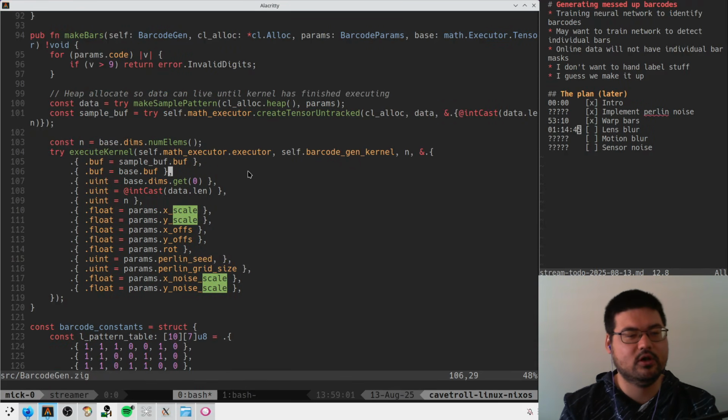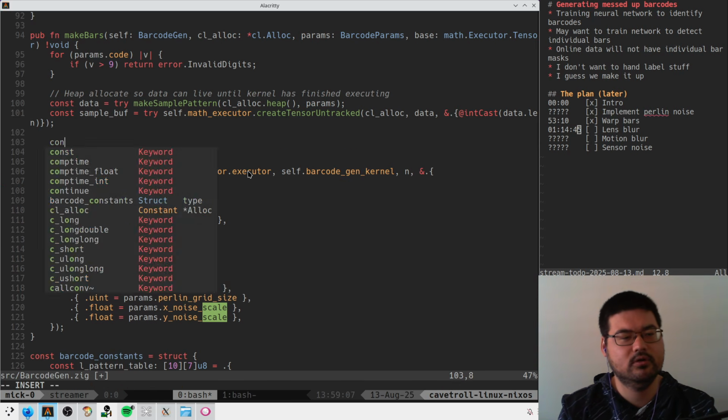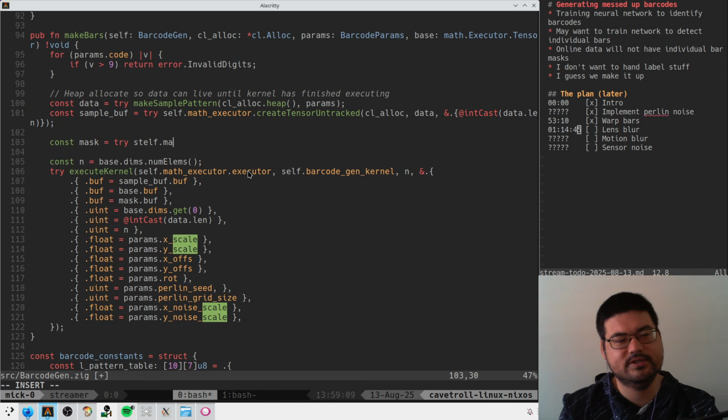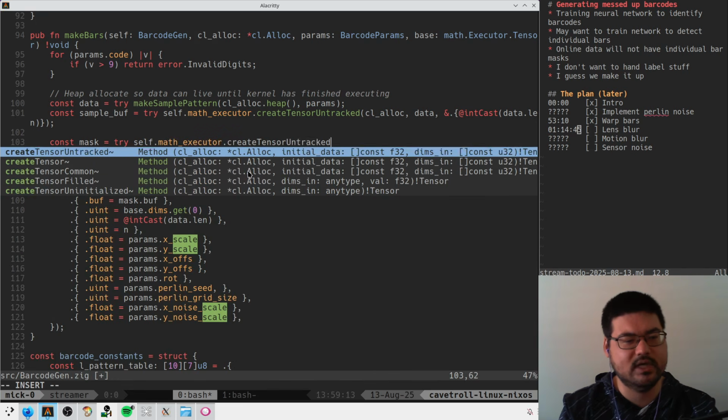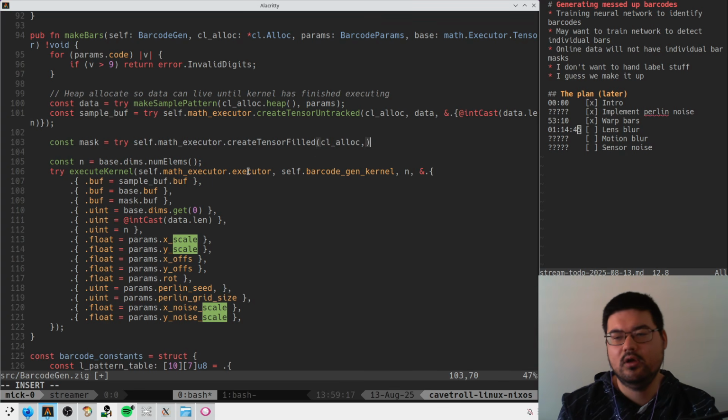Okay, so here we have mask, probably. Mask is, you know, create tensor filled. What's the difference between lens and motion blur?